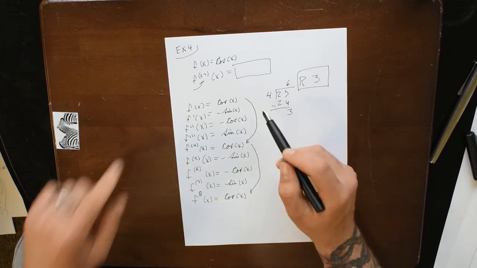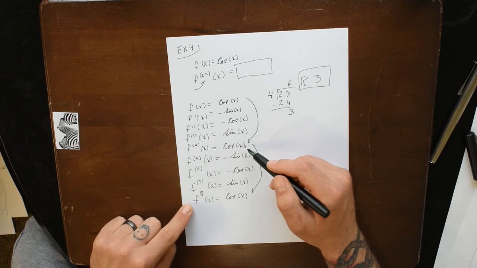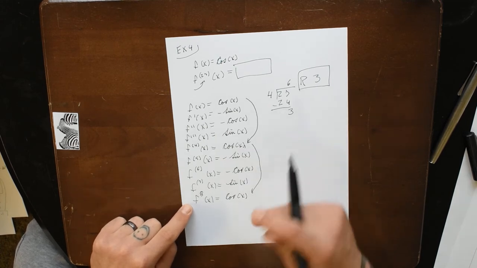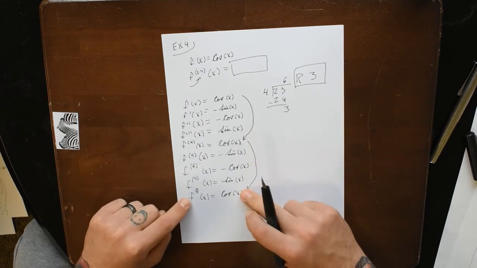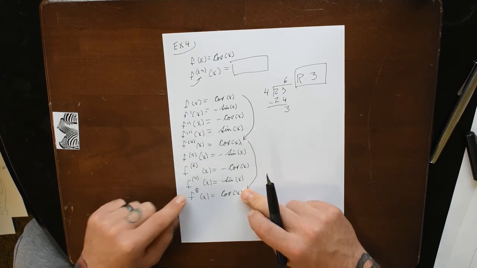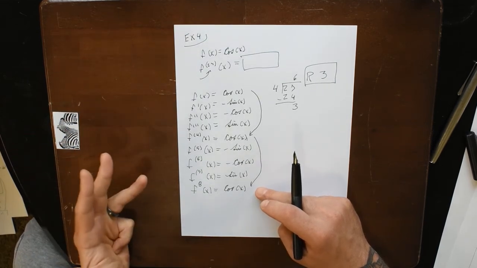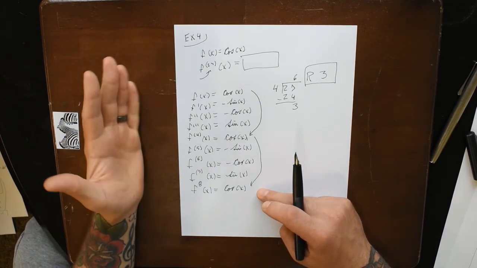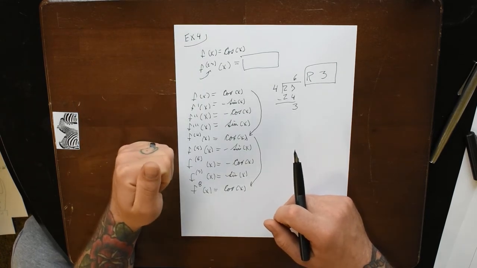What this says is, the fourth derivative of cosine is cosine. The eighth derivative of cosine is cosine. The 12th derivative of cosine is cosine. The 16th, the 20th, the 24th derivative of cosine is cosine.